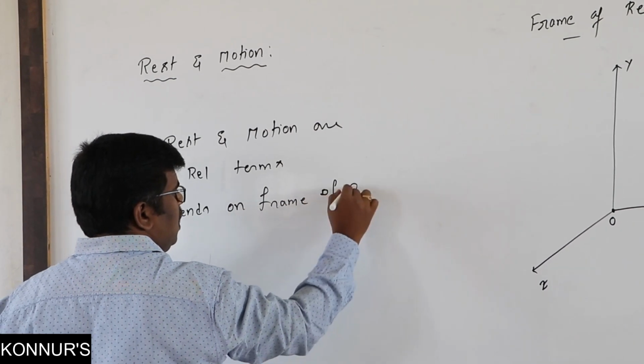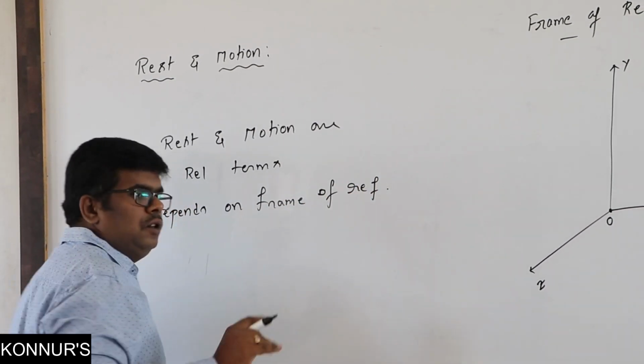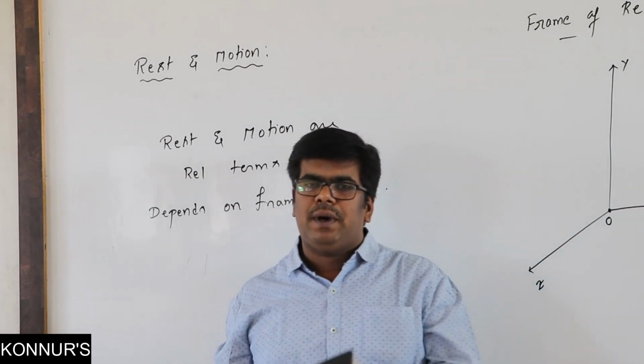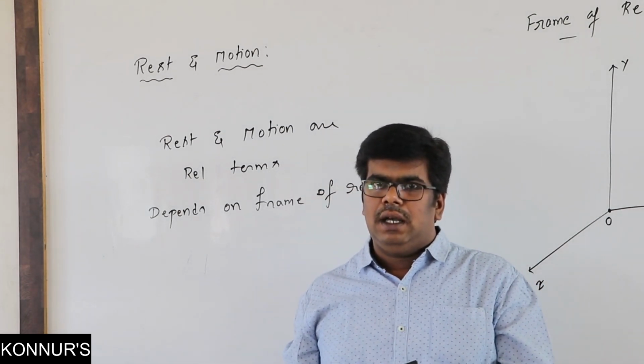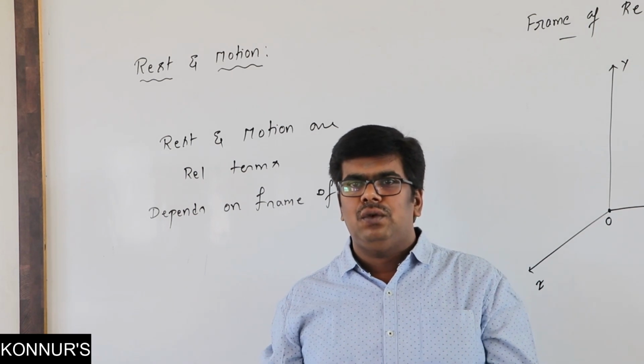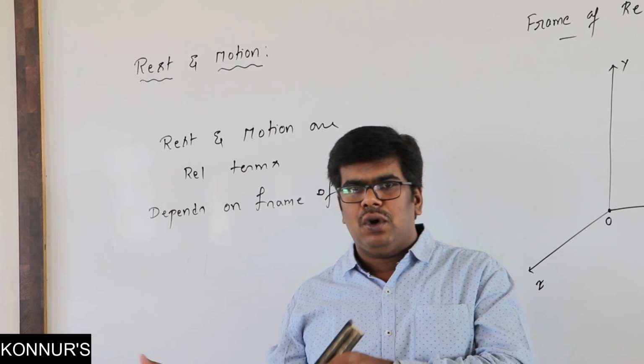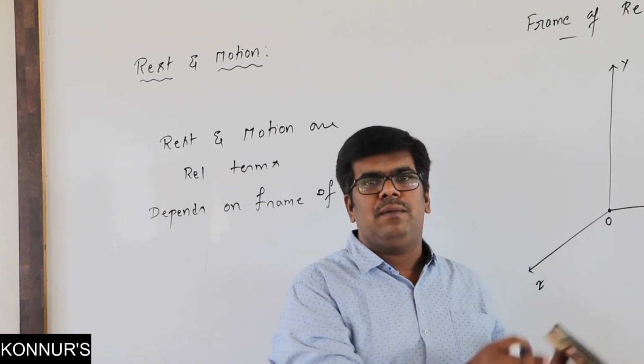Why? Suppose you are sitting in a train with your co-passengers, and the train is moving. You and your co-passengers appear to be in motion to a person watching from outside.